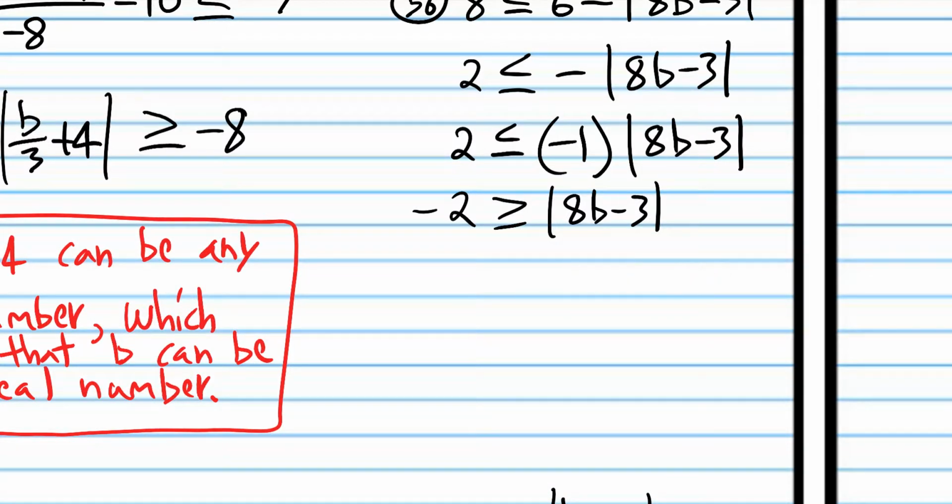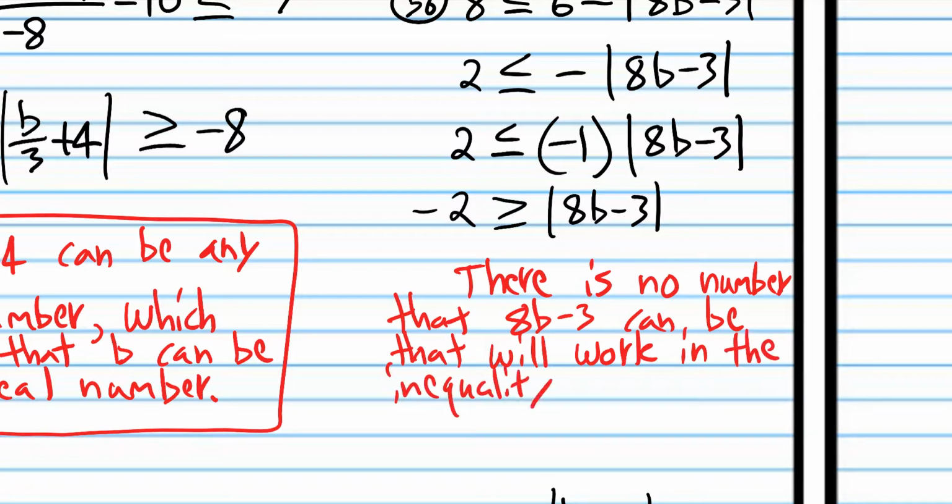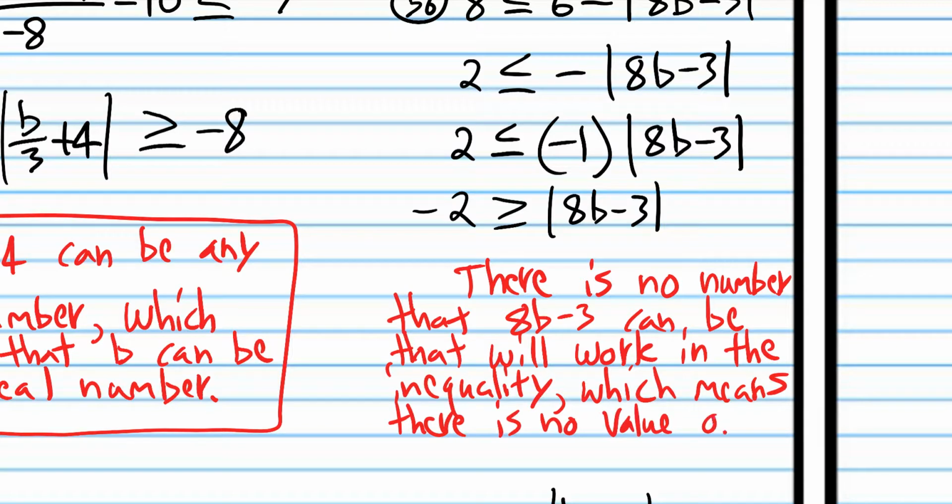So one way that you could say it is there is no number that 8b minus 3 can be that will work in the inequality, which means there is no value of b that will work either.